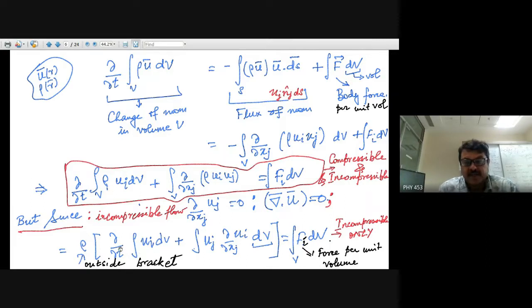And then you can write this as del del t of ui, if you write the integral over the volume, right? And if you make this operate over these quantities and rho is a constant, then you will get uj del del xj, right?